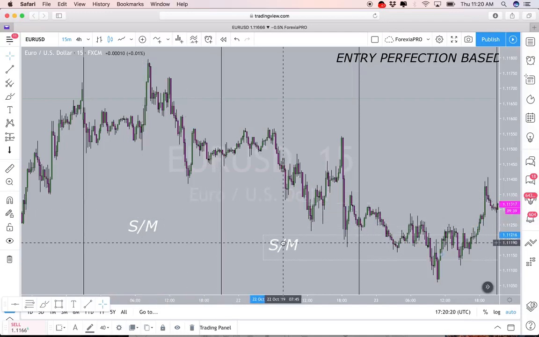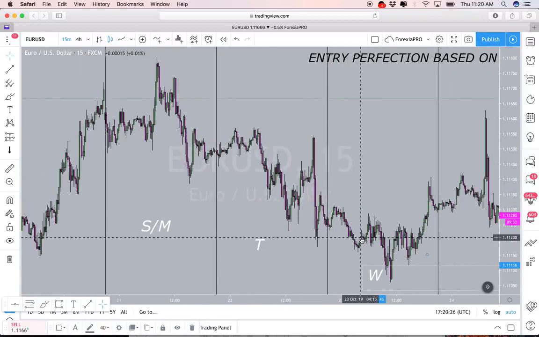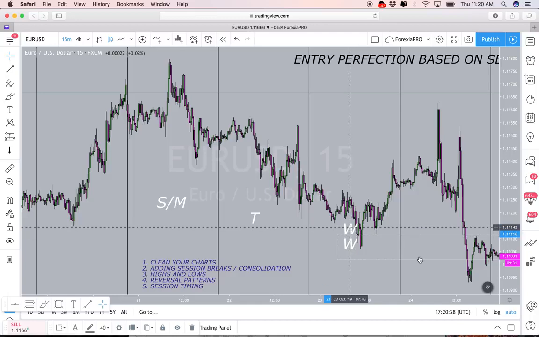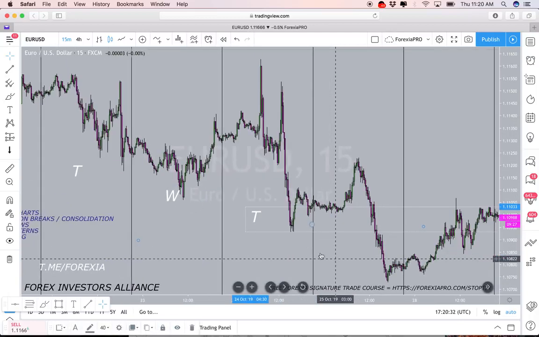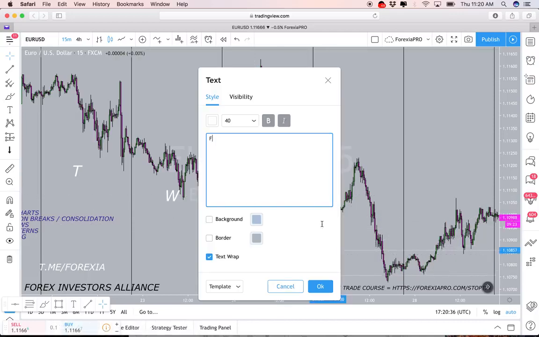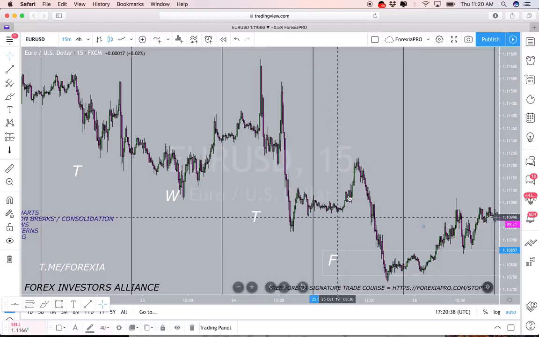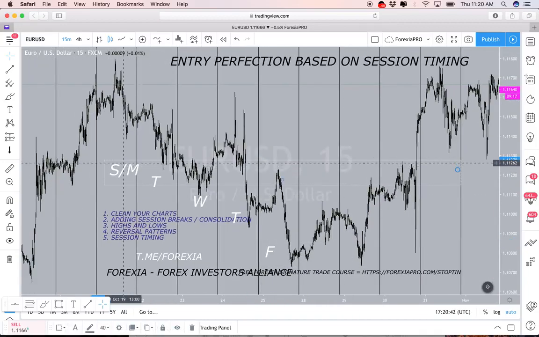Sunday, Monday, then we have Tuesday, Wednesday, and I like to mark out the days of the week. Then we have Thursday and Friday. And then we can repeat, basically copy and paste over and over again.